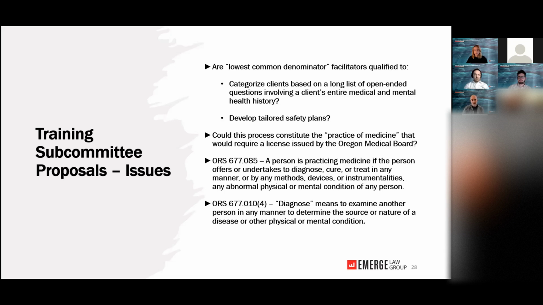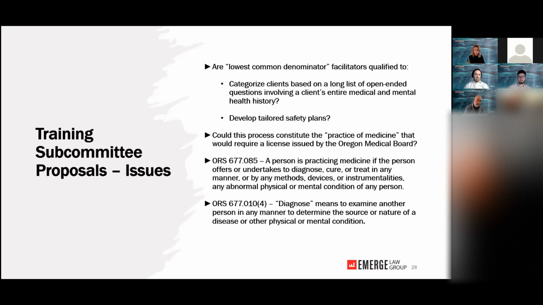qualified to categorize clients based on 101 questions that you're giving them that are very open-ended, involving many personal client information, health history issues? What would be the tendency of a facilitator with that information?